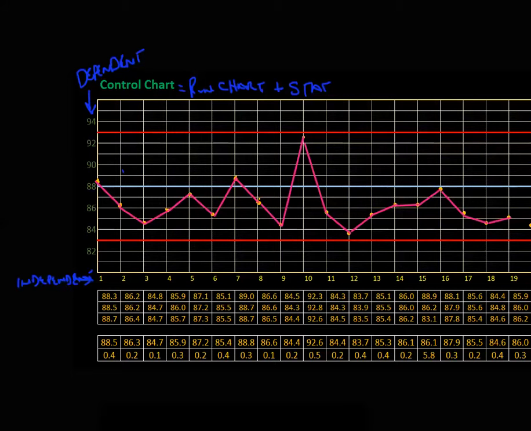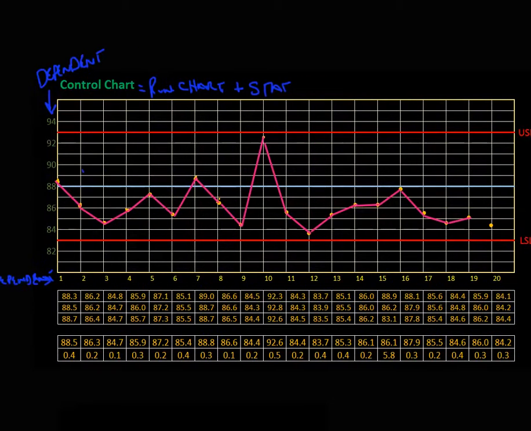So from our last video, you can see I entered all of our values into an Excel spreadsheet, and we talked about plotting the X bar values. As we look at our data table down here, this we might refer to as X1, X2, X3.